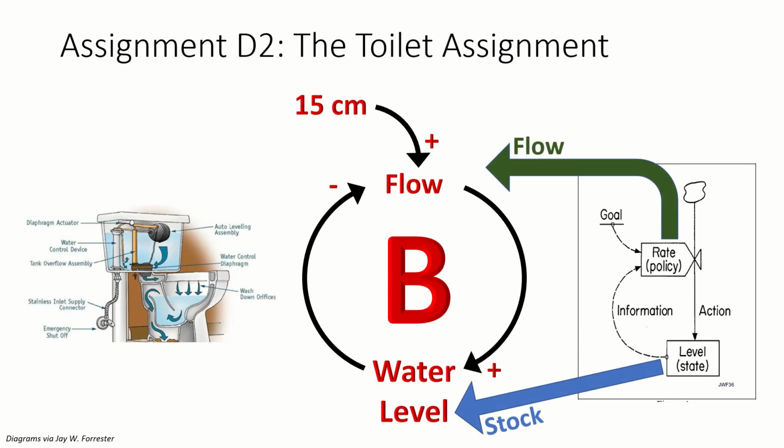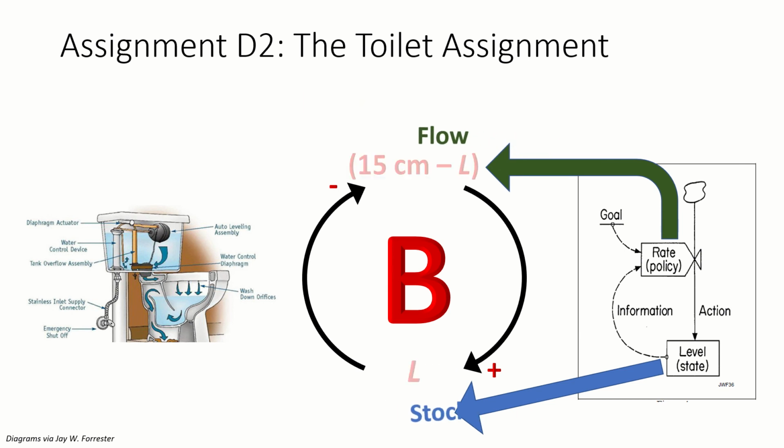And so there's our toilet. We've got a target level coming in. That's setting up the flow. We've got a water level here. So this is going to be in the flow column of your spreadsheet. This is going to be in the stock column of your spreadsheet. You can put this as a parameter up top, just like the birth rate. And that's it right there. That's it kind of symbolically.